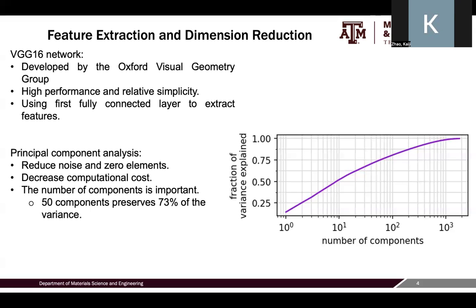Using too many components will introduce noise into the features, which will increase the computational requirements of the analysis and also may decrease the performance. For the features used in this experiment, they found using 50 components can preserve 73% of the variance and was found to give the best performance. Therefore, they choose 50 components in this study.